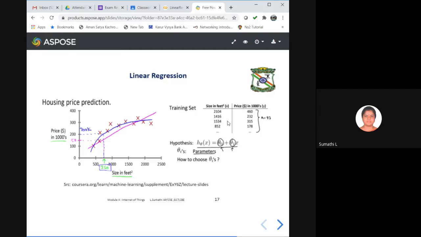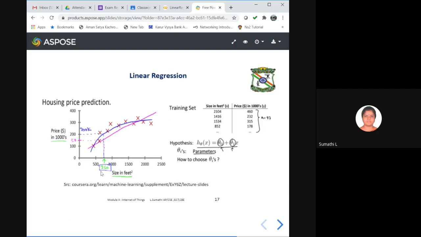So I have some set of data and this set of data is marked as points here. I have to find a suitable line, right? Why I need to find a suitable line: in the data set, it is given for 2104, 460 and so on, right? Suppose I want to find, if my square feet is 750, what will be the price?